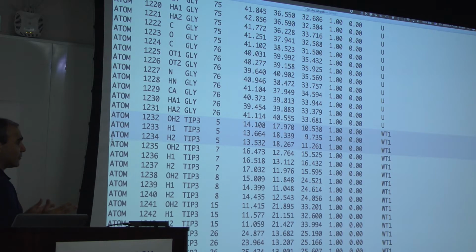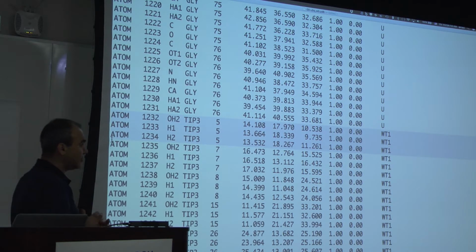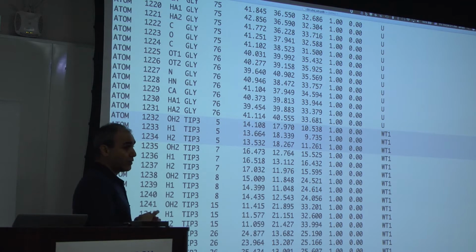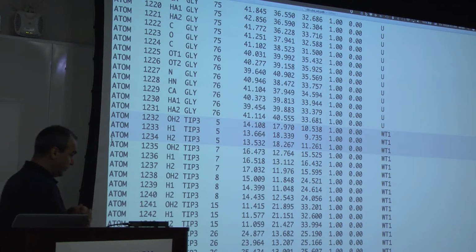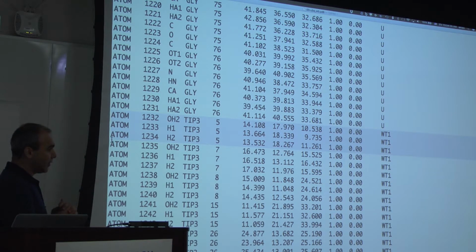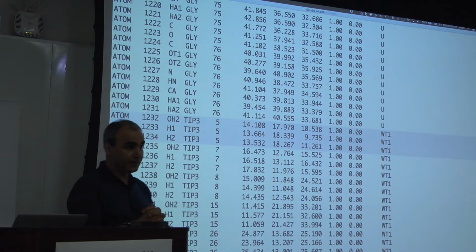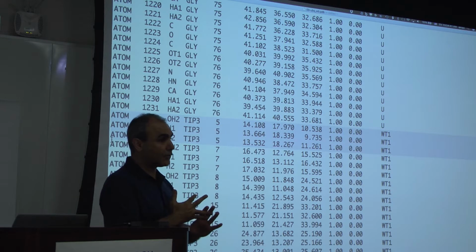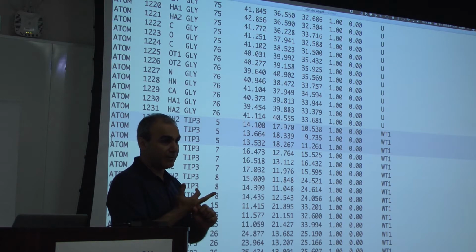But that's a standard format that has been used in structural biology for a long time, and we have to continue to be compatible with this format, but new file formats are coming. For VMD, there are actually files called JS, standing for John Stone, who is the main developer of VMD.